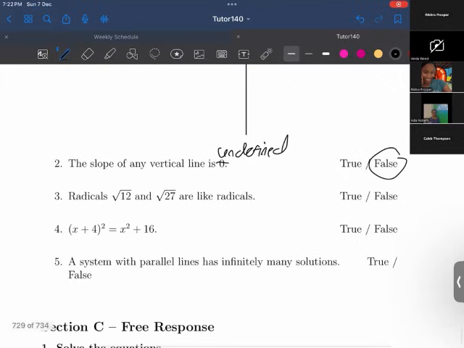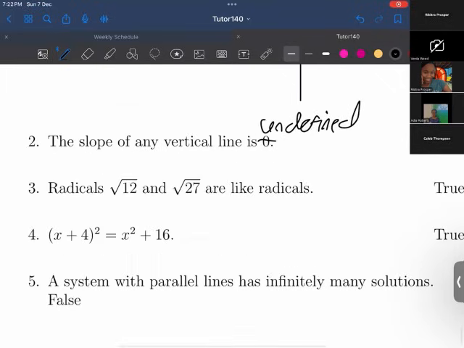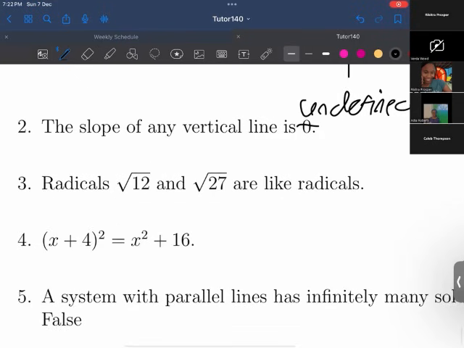Radicals, root 12 and root 27 are like radicals. Remember, these are imperfect squares in these roots. To actually know if they're like radicals, you have to simplify them, right? So to simplify them, I want to break them up so I can see what perfect squares are factors of these numbers. So for root 12, we could break that up and say that's 3 times 4.